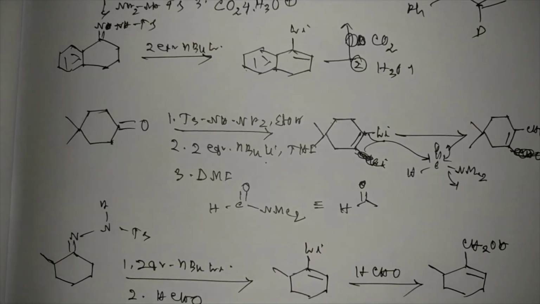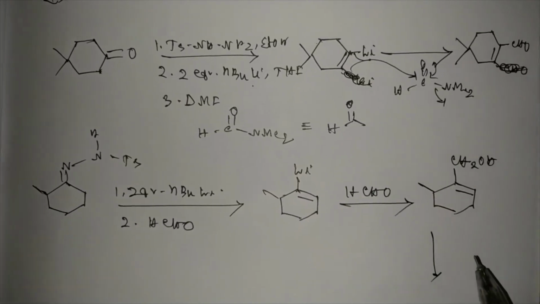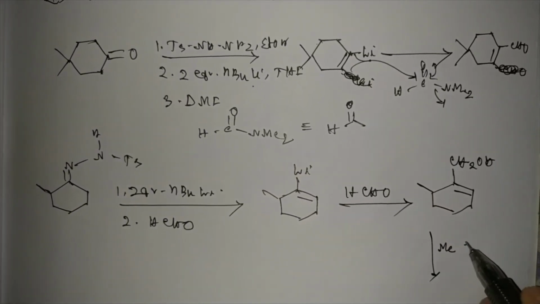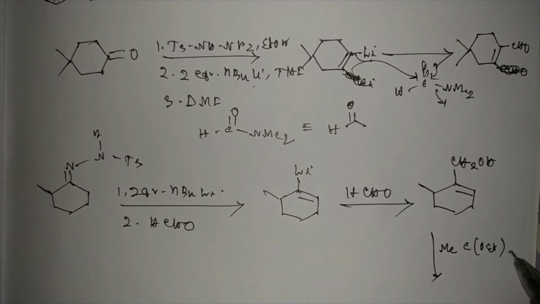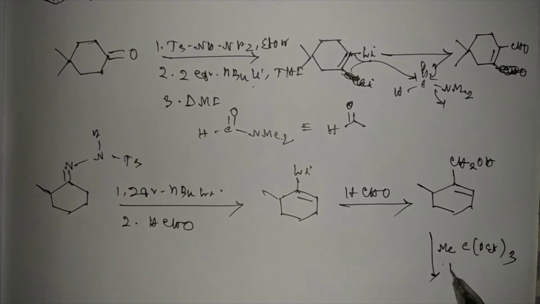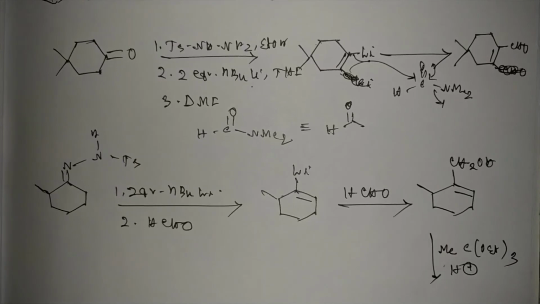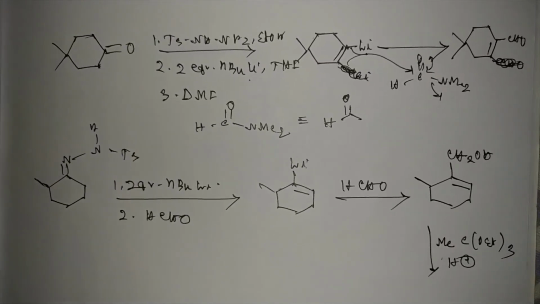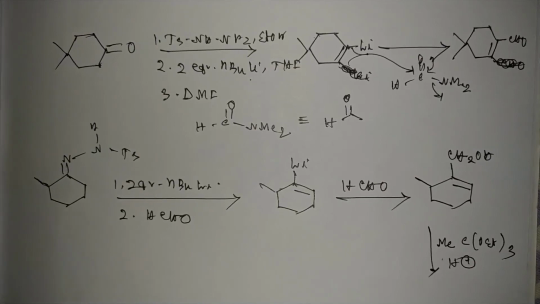Now if it is treated with ethyl orthoacetate, MeC(OEt)3, in the presence of an acid catalyst, then a named reaction called the Johnson-Claisen rearrangement will take place.